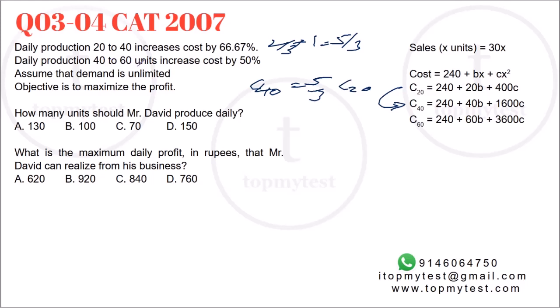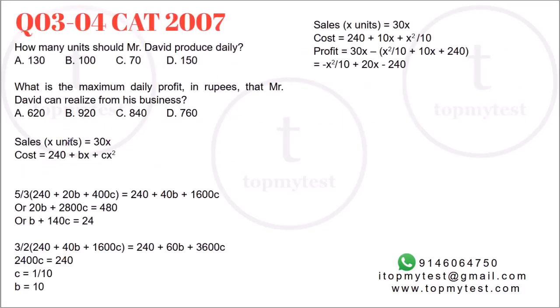Similarly, to go from 40 to 60, the cost increases by 50%, plus half, which means it will become 3 by 2 of the previous cost. So C60 will be 3 by 2 of C40. Again, we can resolve this. If you resolve this, I have done this already, you'll get C is equal to 1 by 10 and B will be 10.